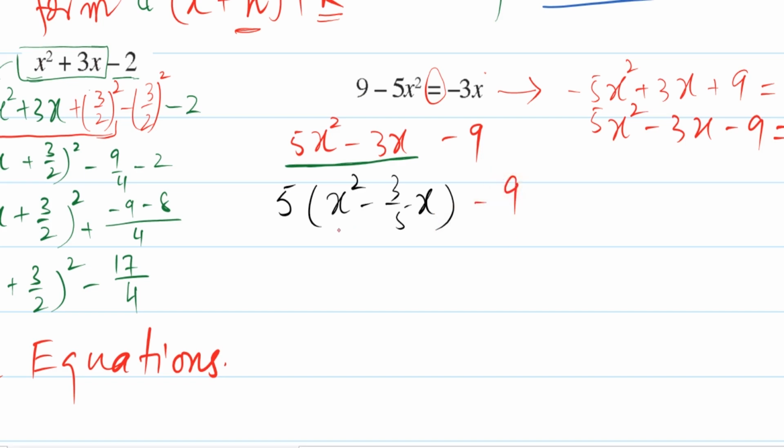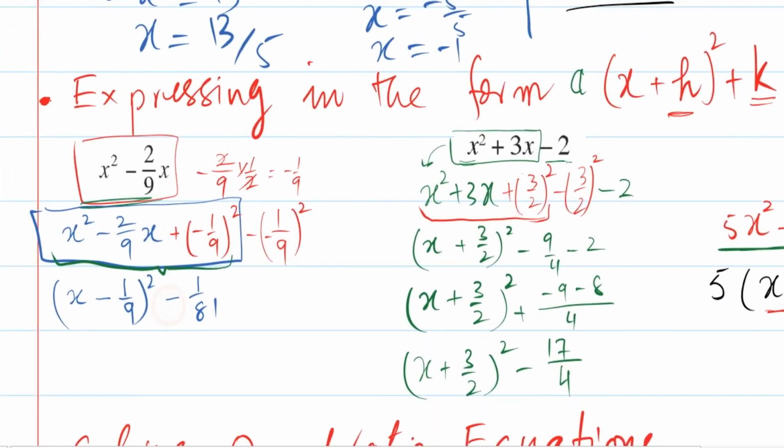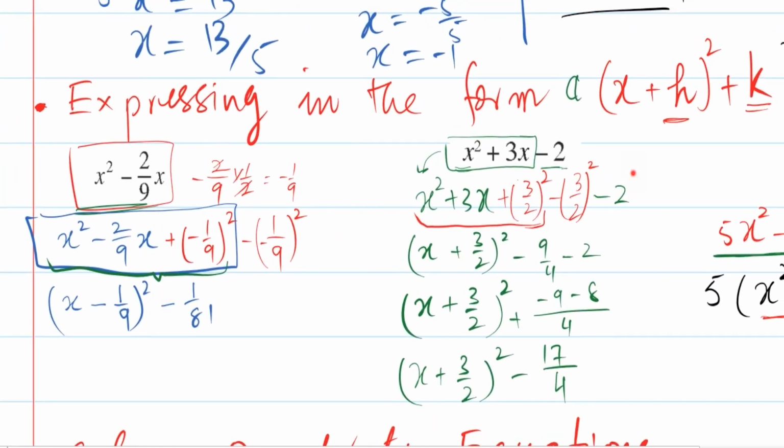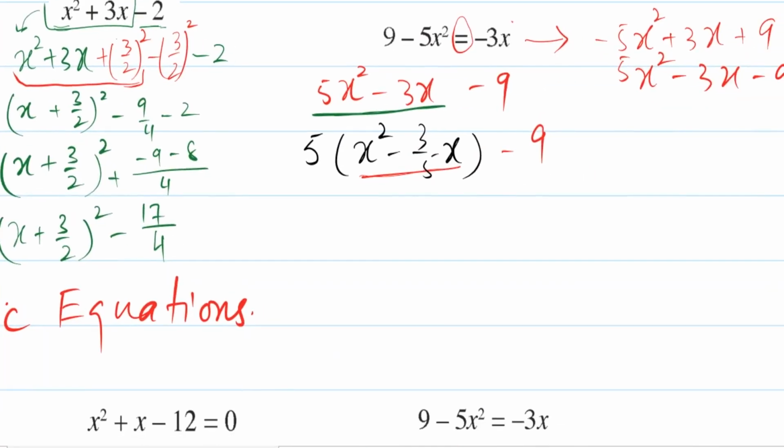I will focus on these two terms to make them a perfect square. This is just like the one we did in the second part. So 5 will remain as it is, x square minus 3 over 5x will remain as it is.